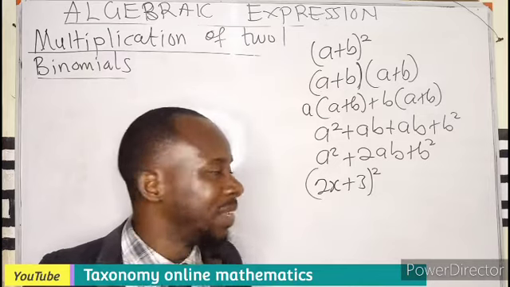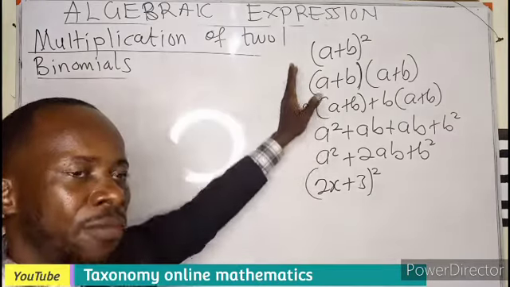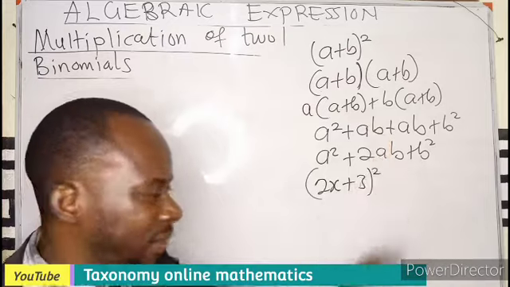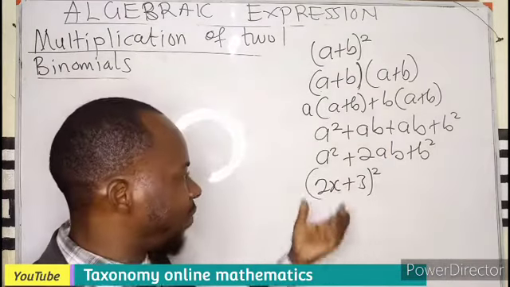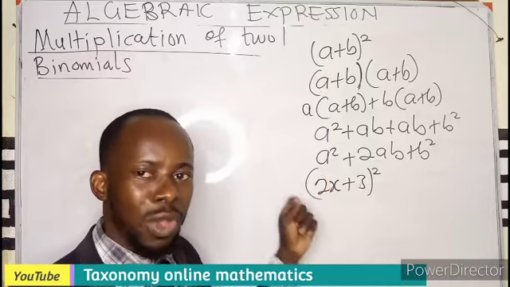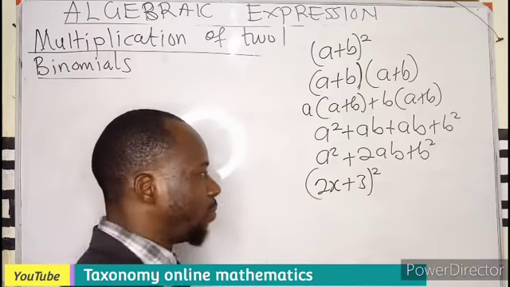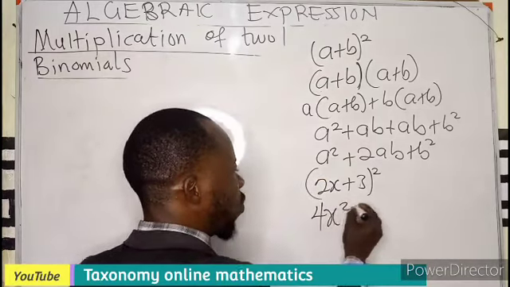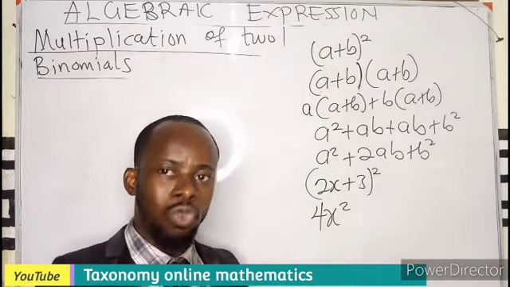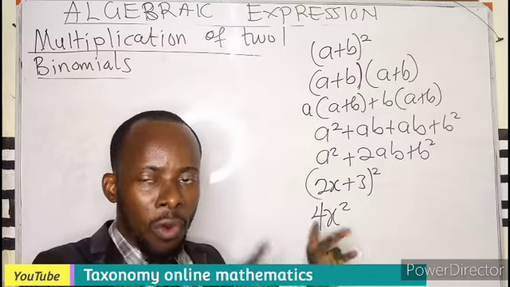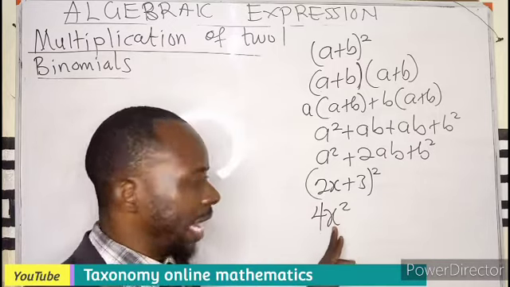But if you want the answer directly, we say square the first term. So (2x) squared becomes 4x squared. If you square 2x, meaning 2x times 2x, 2 times 2 is 4, x times x is x squared.